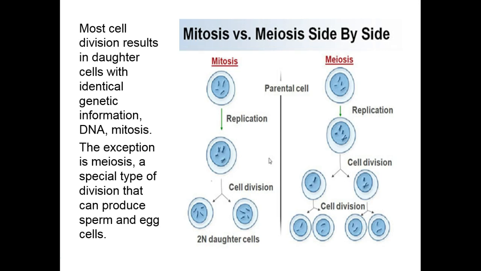And then the exception is meiosis. That's a special type of division that produces the gametes, the sperm and the egg. We consider sperm the male gamete, the egg the female gamete. And the thing that happens with regard to meiosis that is unique, and we'll talk about that quite a bit, is this is where you have the ability to have thousands and trillions of combinations of the DNA.